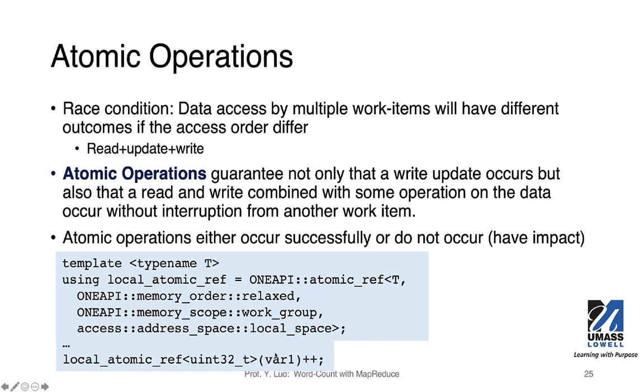So in this way, this variable, which is in local memory, will be incremented atomically. For variables in global memory, we can define similar references so that we can apply atomic operations on these global variables.